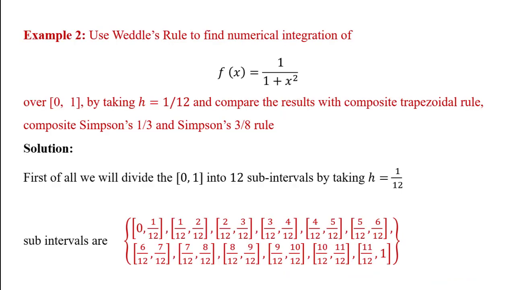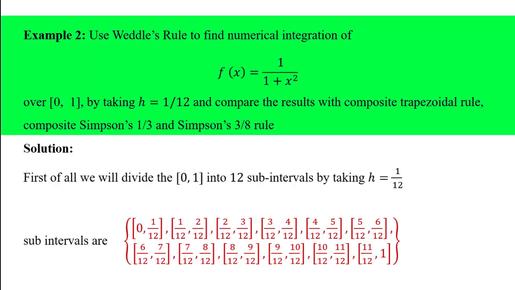So now let's solve another example. Use Weddle's rule to find the numerical integration of the function f of x equal to 1 over 1 plus x square over the interval 0 to 1 by taking h equal to 1/12, and then compare your results with the trapezoidal rule, Simpson's rules and so on.